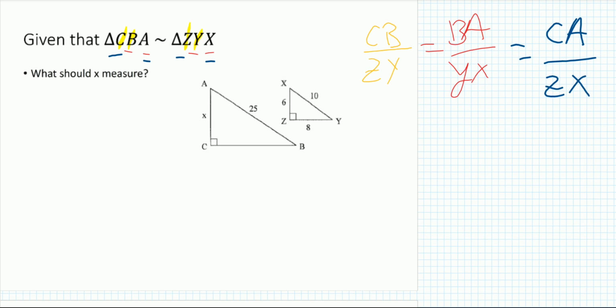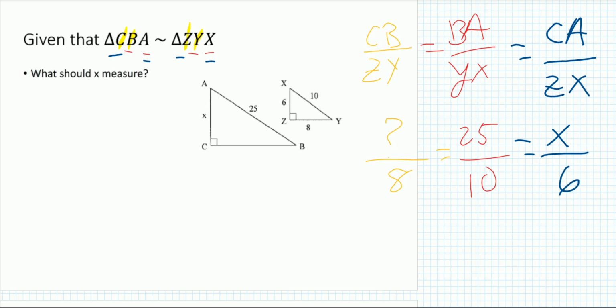CB doesn't have any info, so I'm going to keep a question mark there. ZY does have info, 8. BA has 25, YX has 10. And the last one, CA is going to be equal to x, and then ZX is going to equal 6.